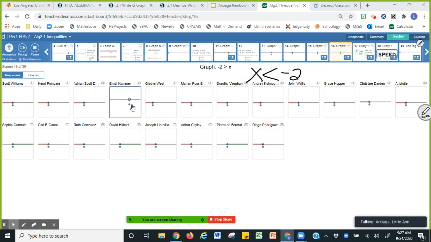All right. Ernst, I don't see where your graph is shaded, maybe your screen was zoomed in and it's too big on this little box for me to see. Okay, so fix the direction. Pierre de Fermat, fix their graph. David, fix your graph.